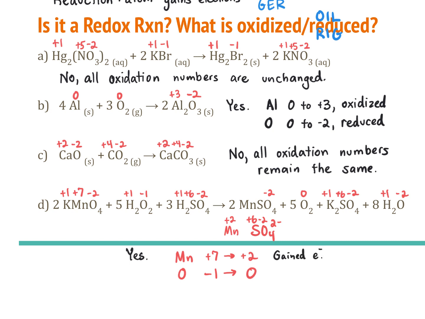And gaining electrons is reduction. And then oxygen went from -1 to 0, so it became more positive. It lost electrons, so it underwent the process of oxidation. So there's a few examples. Next, it'll be your turn to try.